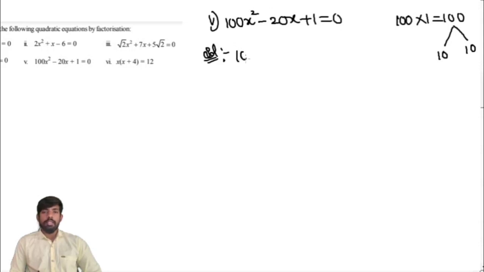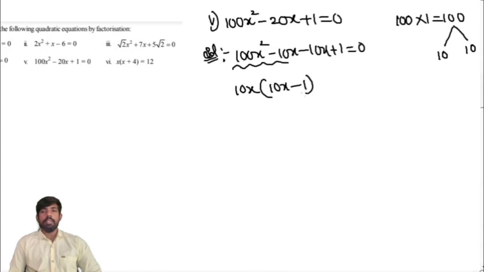So can I write this as 100x square minus 10x minus 10x plus 1 is equal to 0. So if I take common 10x from here, then remaining is 10x minus 1. If I take minus 1 common, in the place of minus you will get plus. 10x minus 1 equals to 0.